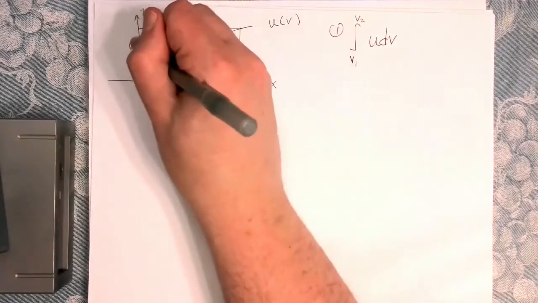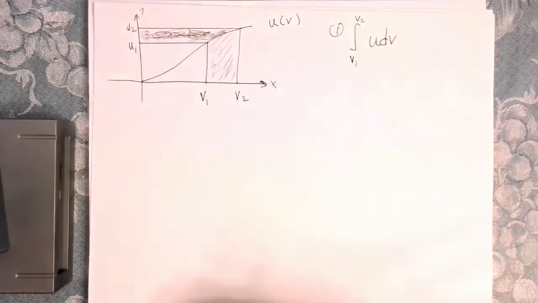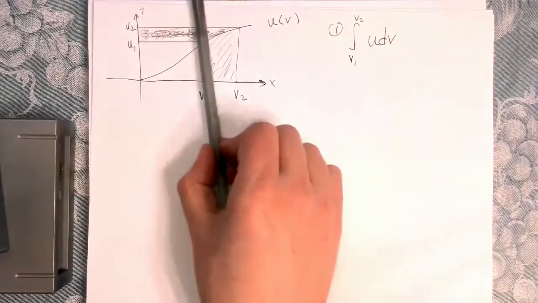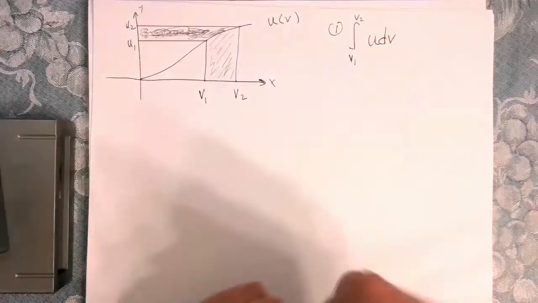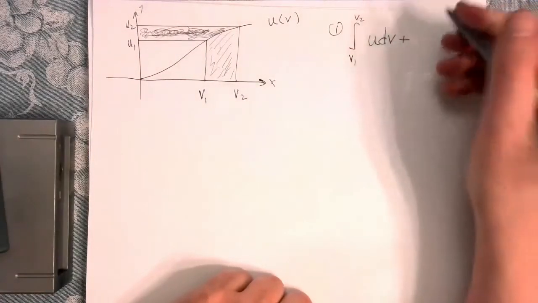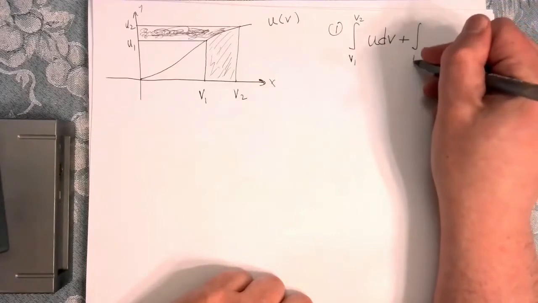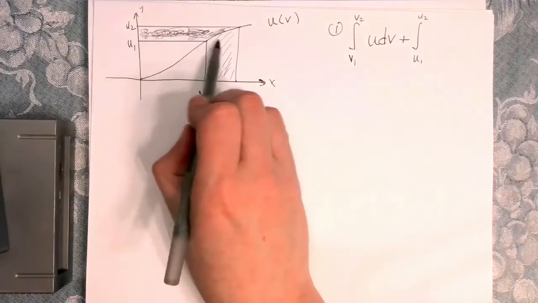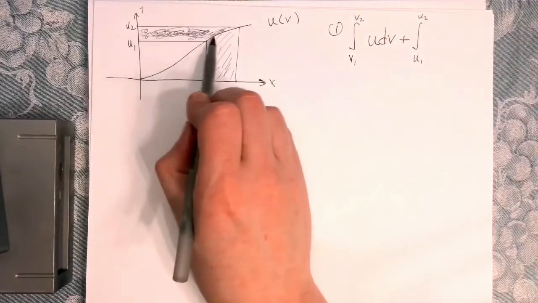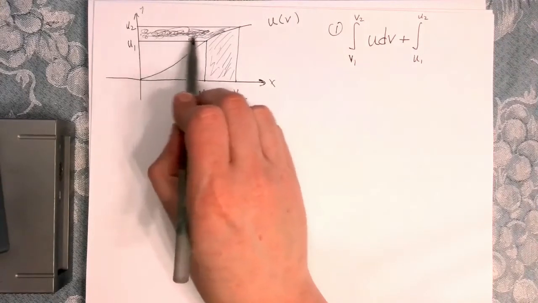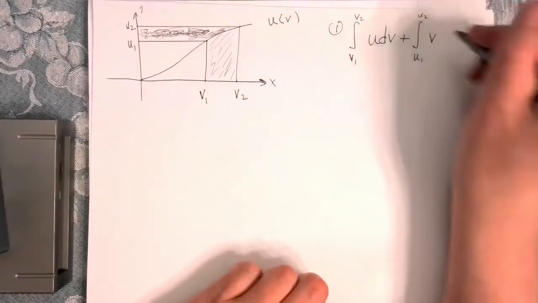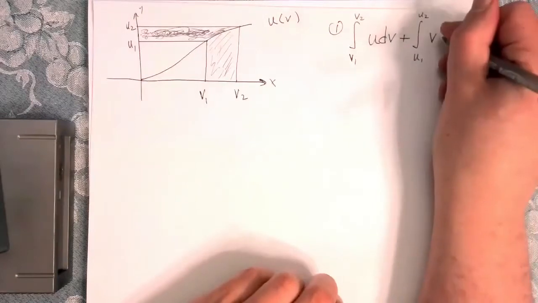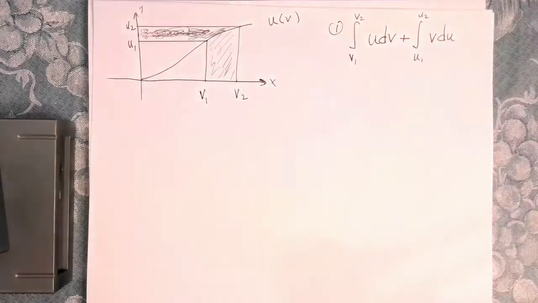So let's call this u1, u2. Okay, so here we're going to integrate from u1 to u2. So instead of integrating this way, we're just going to integrate this way, which we know is fine. So that will consider the integral from u1 to u2 of, well, this distance will be v, right? This will be v times, well, a little microscopic length there would be du.